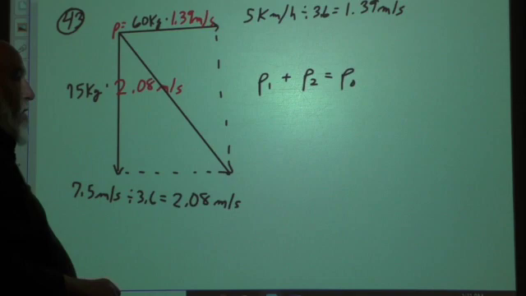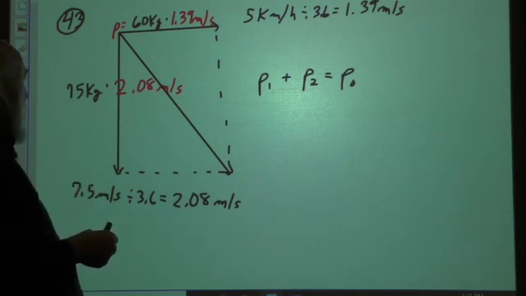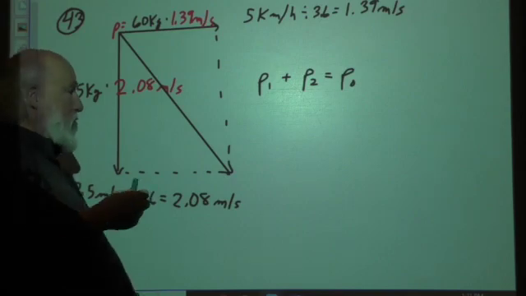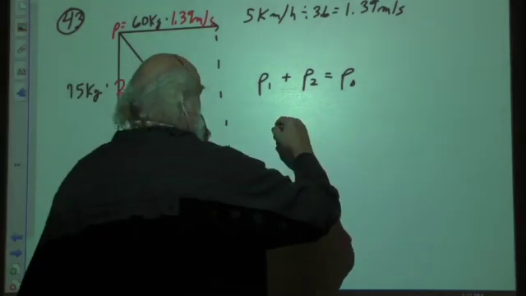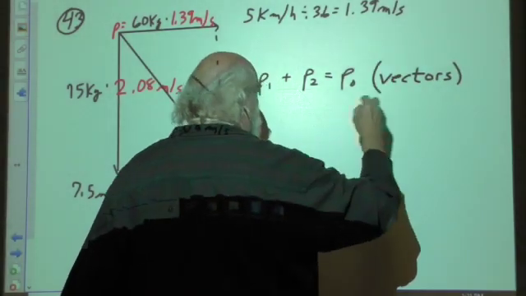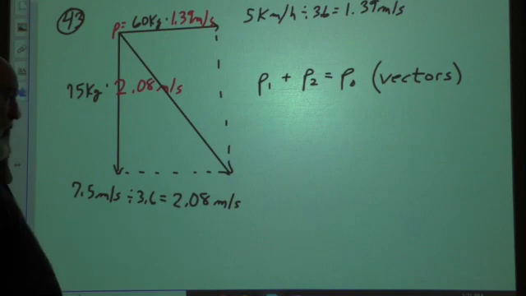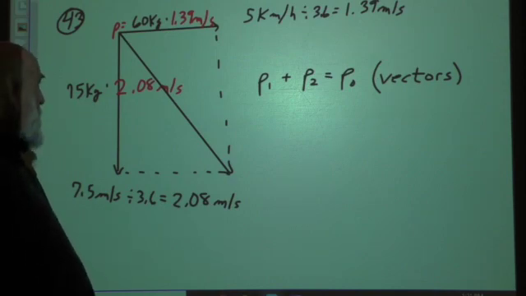And I want to find out the resulting velocity from this. So this is a vector sum. So for this, we're dealing with vectors. We're looking at a vector sum, that's what we did when we dealt with the velocities way back when in ancient history.